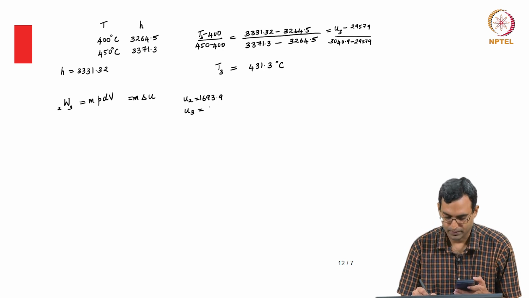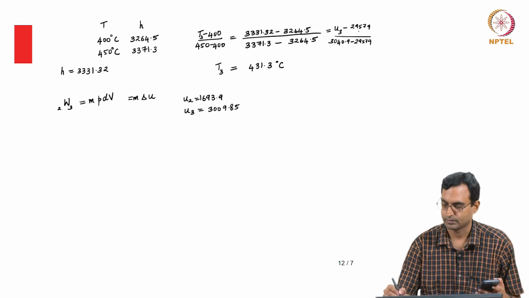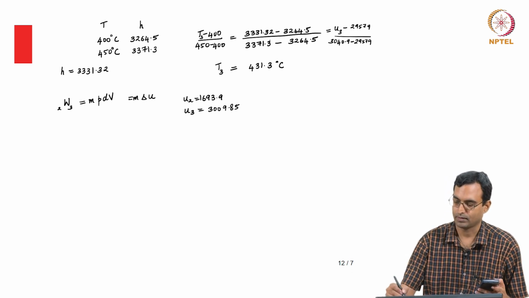So, this comes out to be 3009.85 from here, using either this and this or this and this.